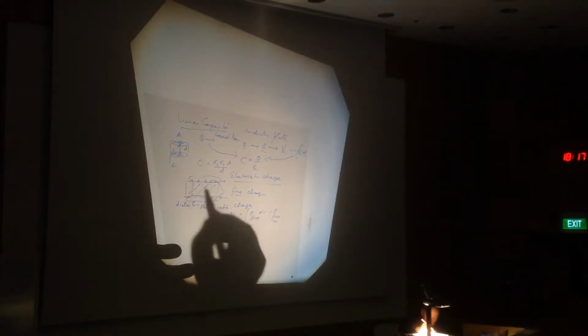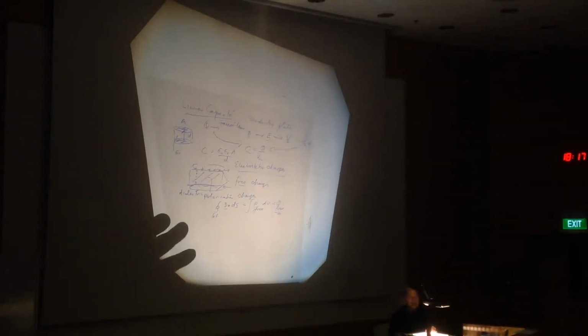The charges inside are not Q free, they are Q polarization, because there is no way you can apply a current to make them move. Whereas on the plate, if you apply a current sideways, you can move them. These are free charges. So in calculating capacitance, you're only looking at the effect of the free charges on the conductor plate creating the voltage Q over the capacitance.